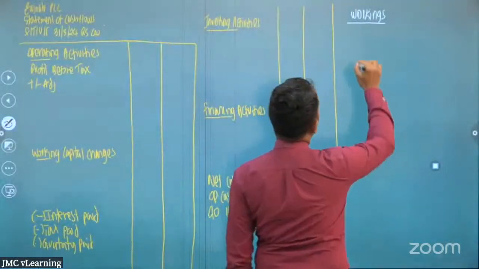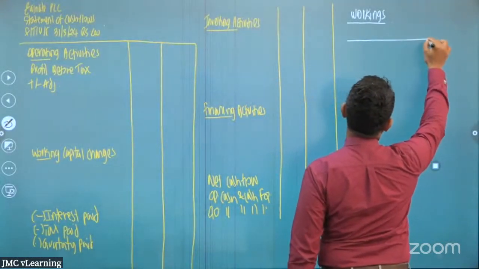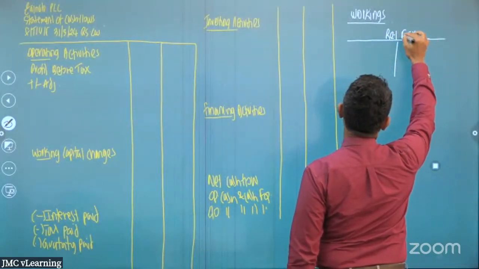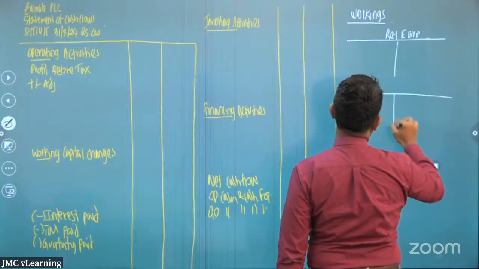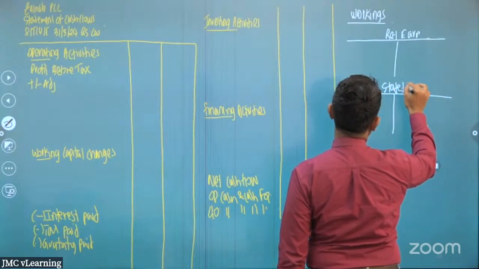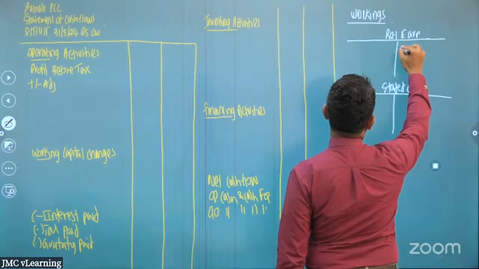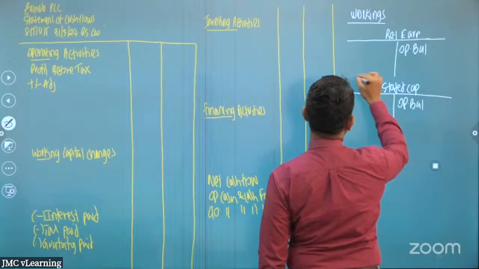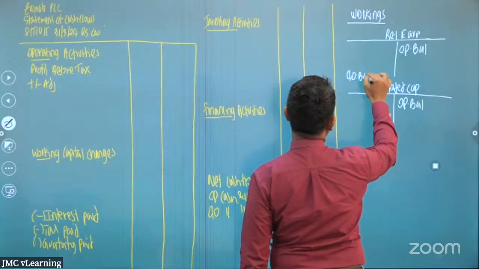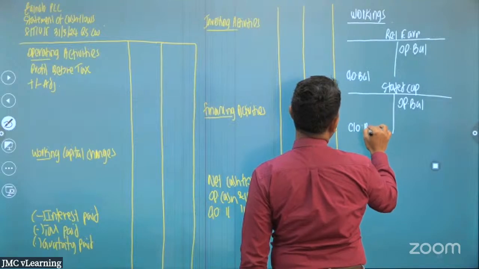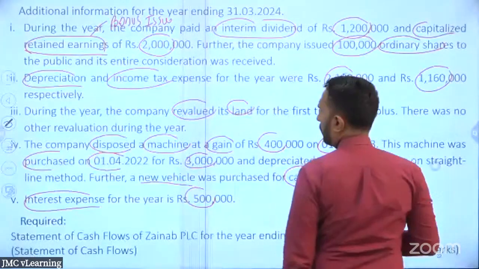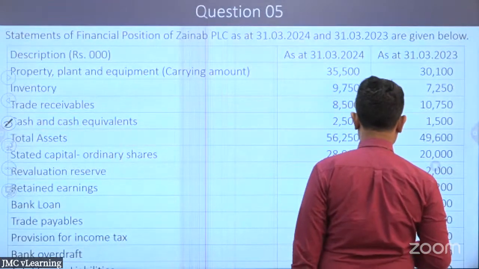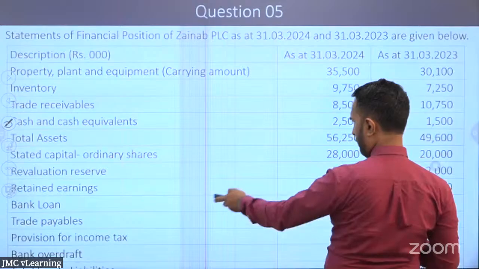So let me open up the retained earnings account and the stated capital account. Just put the opening and the closing balances. The retained earnings opening balance 2,200 and closing balance 6,500.